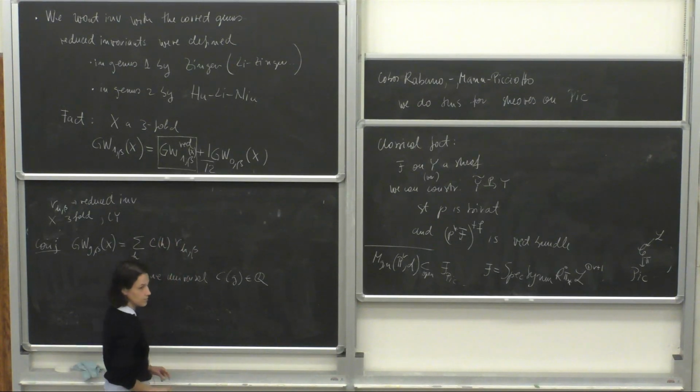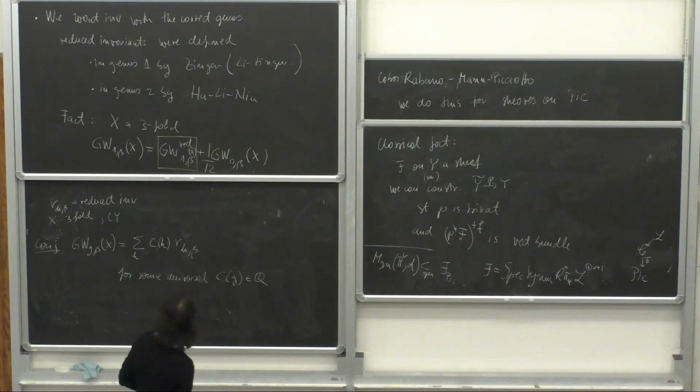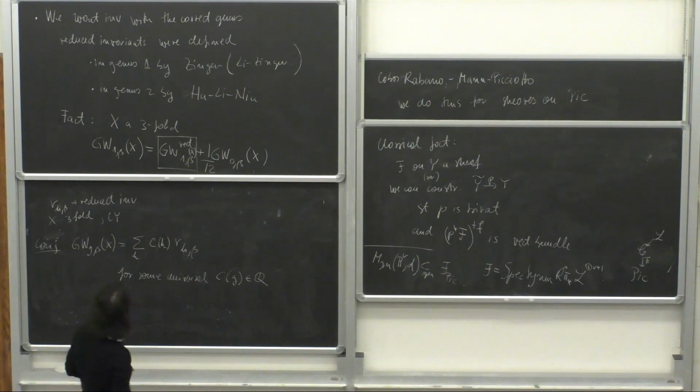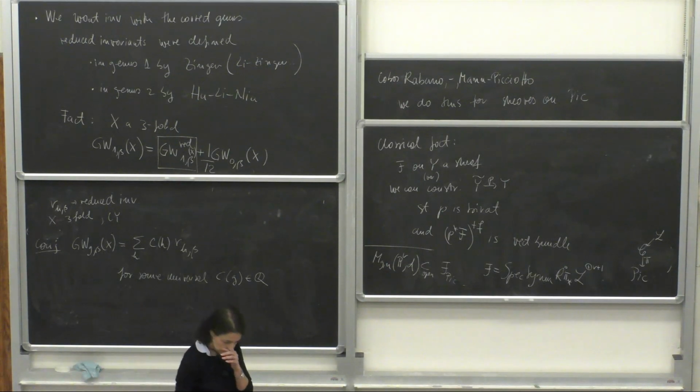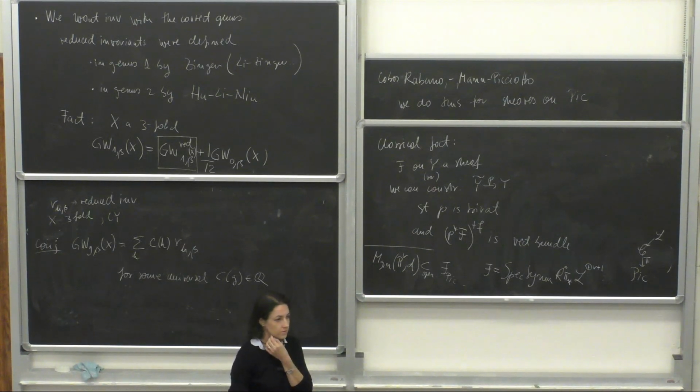Then, compared to the example, is the leading C_G always 1? For example, the leading one. Yes, it's always 1.